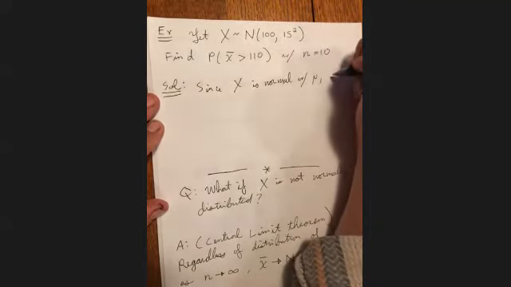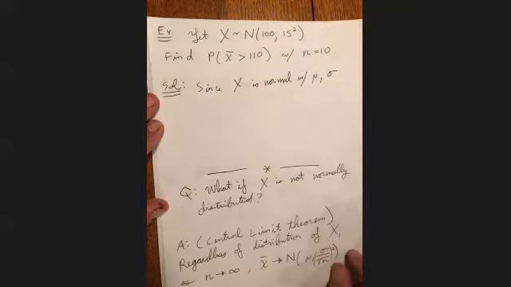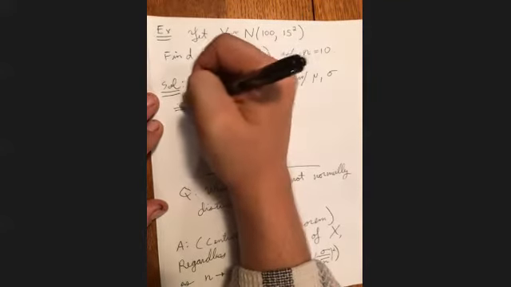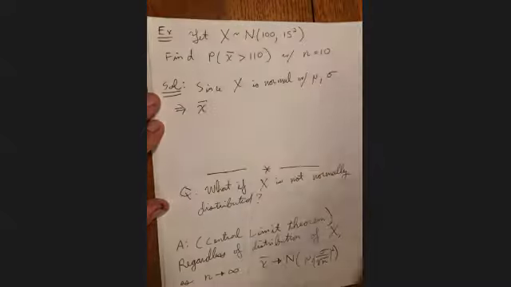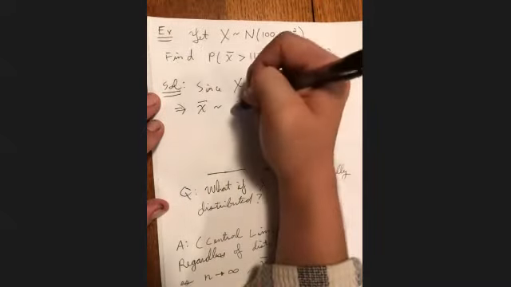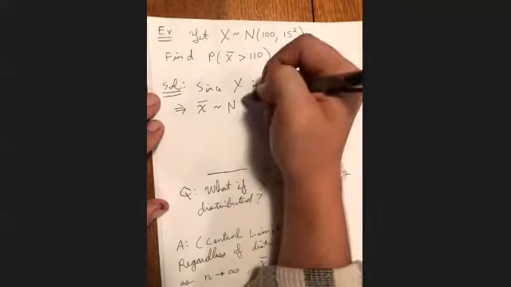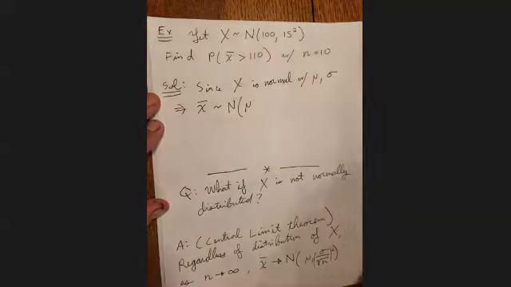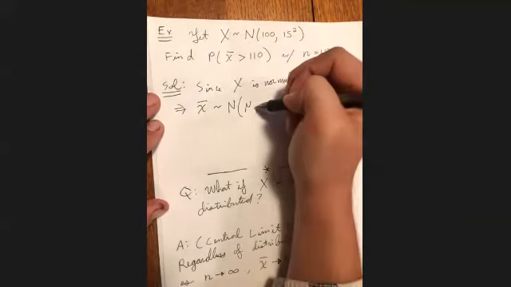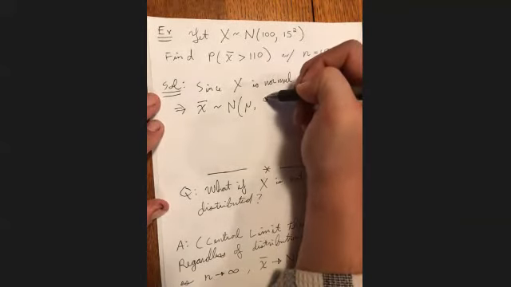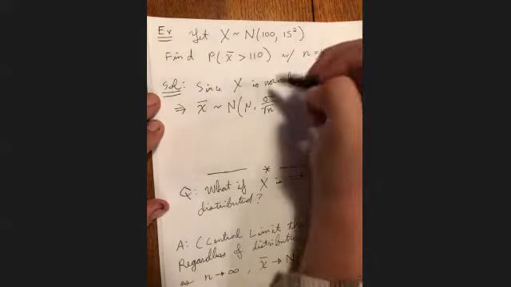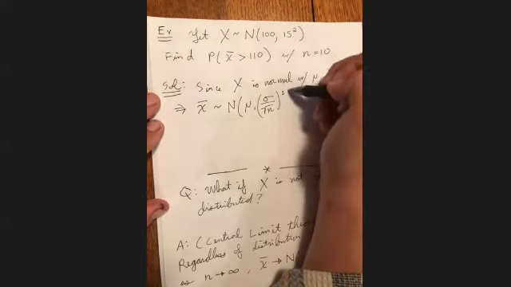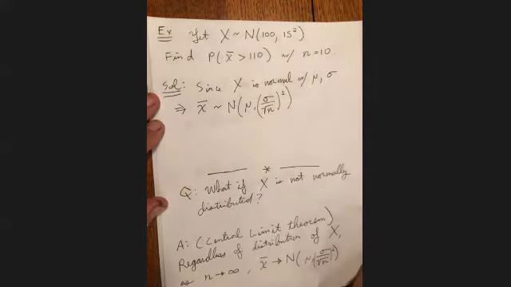a mean of mu and a standard deviation sigma, then based on what I just said previously, we know that X bar is distributed normally with a mean of mu, the same mean as the population, and with a standard deviation of sigma over square root of n, or a variance of sigma over square root of n, squared.